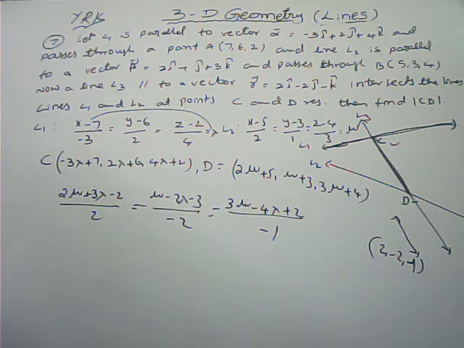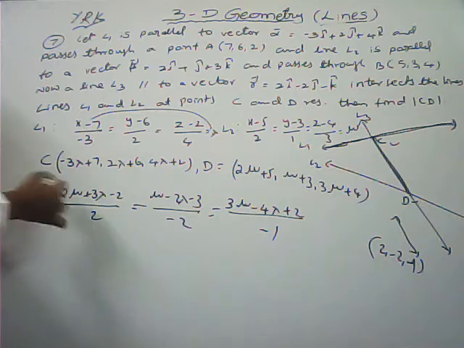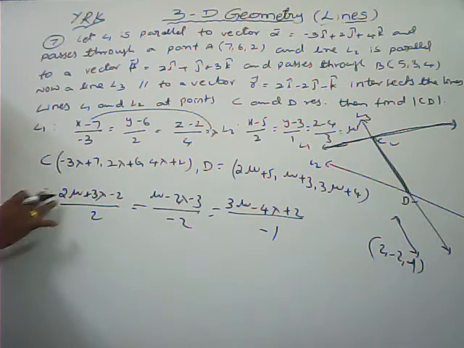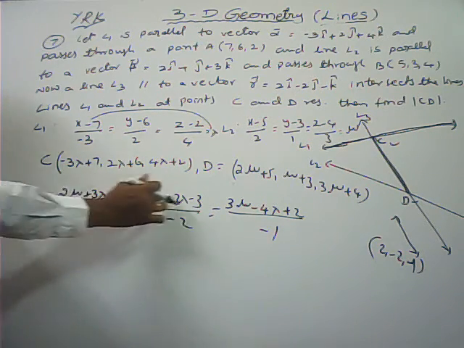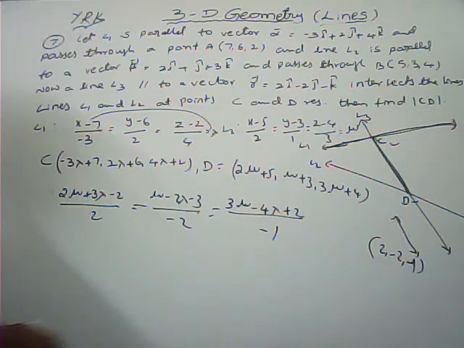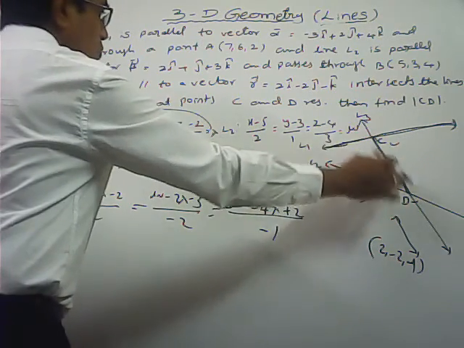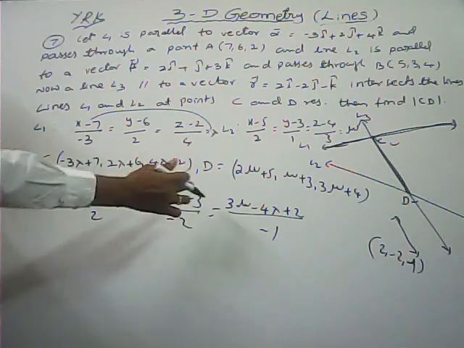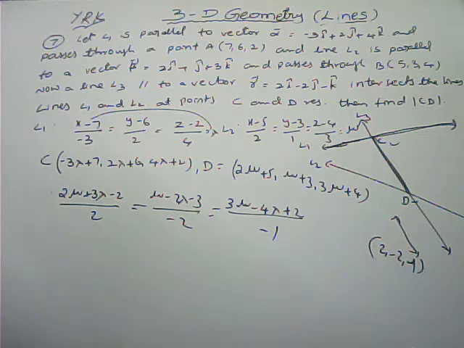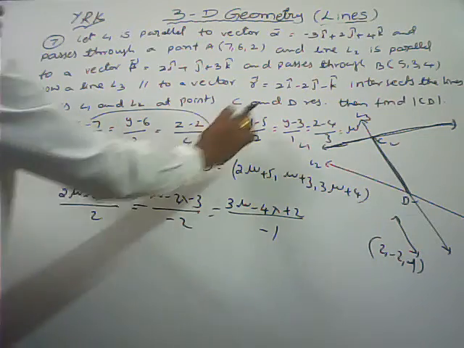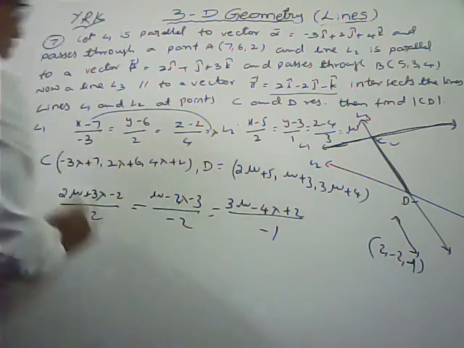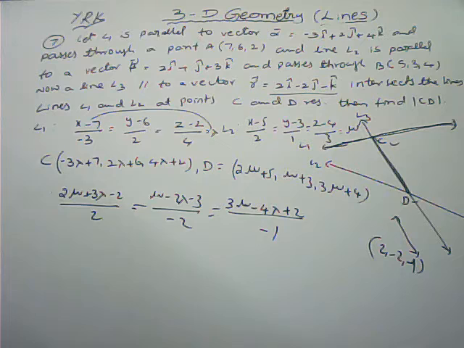We should get the same ratio here, here, and here. According to that procedure we got these as the DRs of the line: x2 minus x1, y2 minus y1, z2 minus z1. But in the question the parallel DRs 2, minus 2, minus 1 are given, so their ratio should be the same.